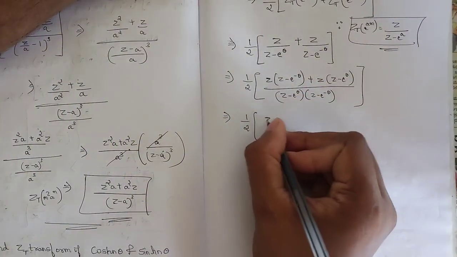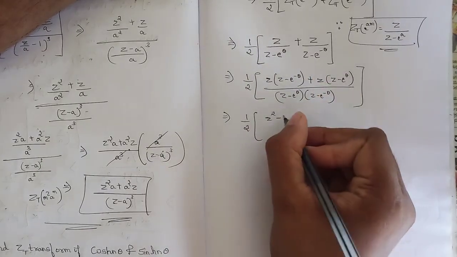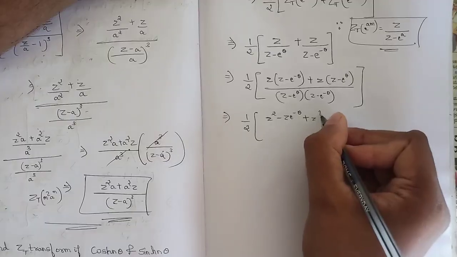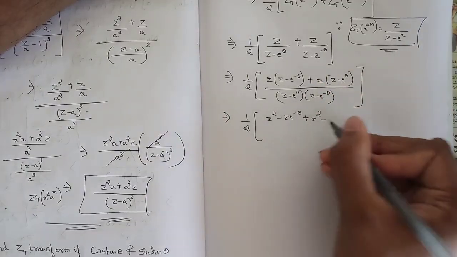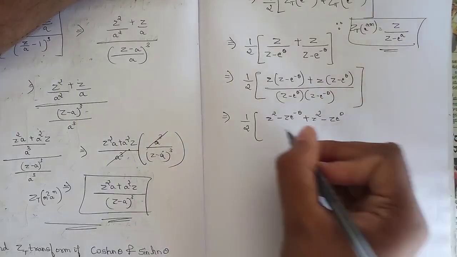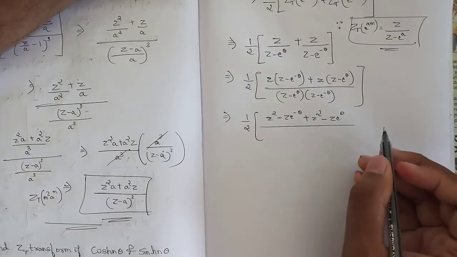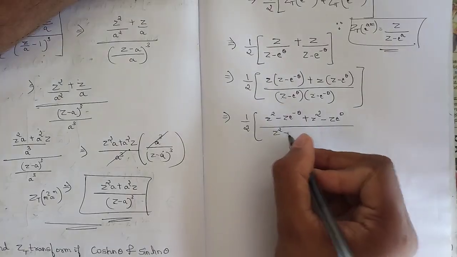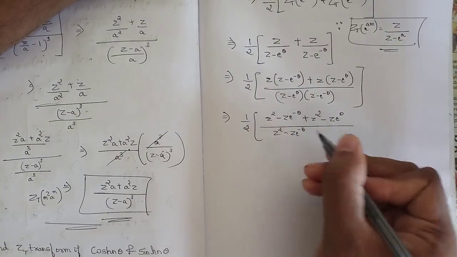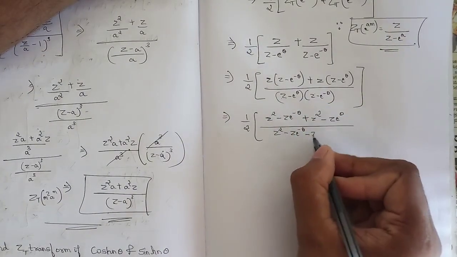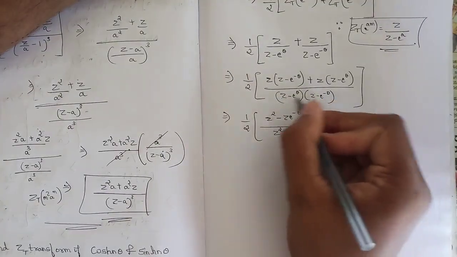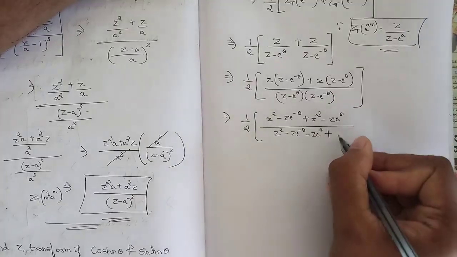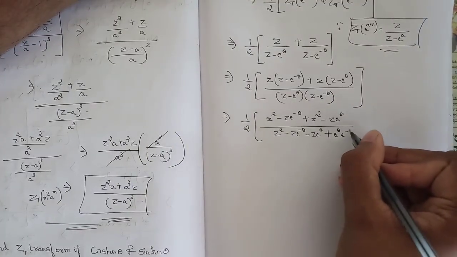Z into z is z square minus z into e power minus theta plus z into z again z square minus z e power theta divided by, again we need to multiply these two, z into z, z square minus z e power minus theta minus z into e power theta. I'm just multiplying it. Minus into minus is plus e power theta into e power minus theta.